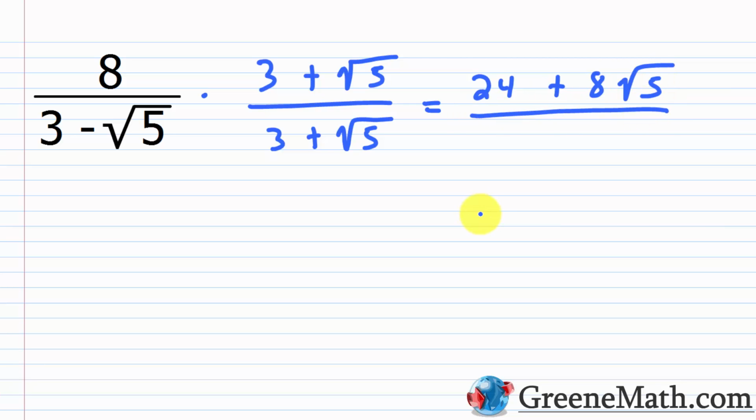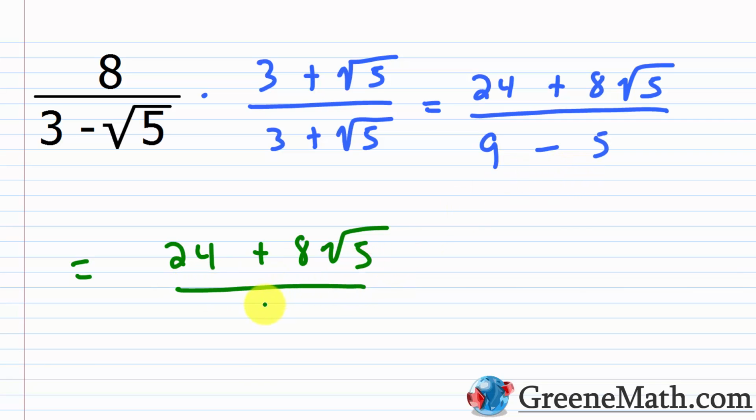In the denominator, 3 times 3 is going to give me 9. Then the outer and inner would cancel. You'd have 3 times square root of 5, and then negative 3 times square root of 5. So those would cancel. And then lastly, you would have minus, and we know the square root of 5 times square root of 5 would be 5. So let's finish this up. We would have 24 plus 8 times square root of 5 over 9 minus 5 is 4.